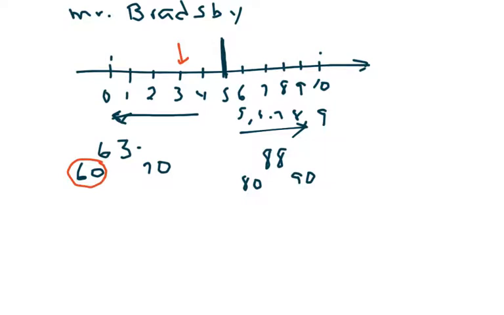Again, we can look on the number line, and here's where 8 is. So 88, 89, 90. It's a lot closer to 90 than it is to 80, isn't it? So it rounds up to 90. Well, I think you remember this, and we're going to round off to the nearest 10.